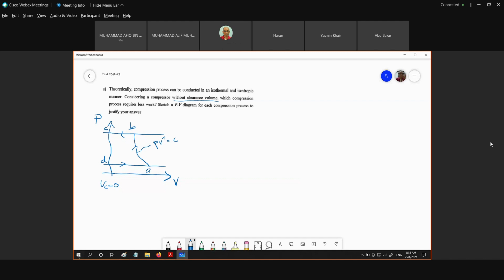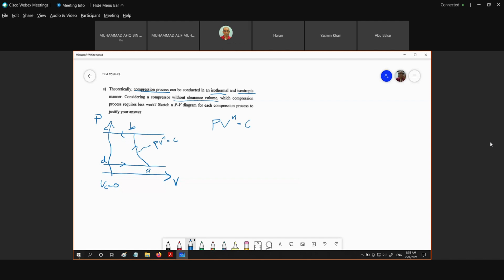Dia suruh kita bandingkan isothermal dengan isentropic manner, the compression process ni. Kalau kita ada PV power of N equal to constant, how to get this PV power of N becoming T equal to constant? Macam mana?